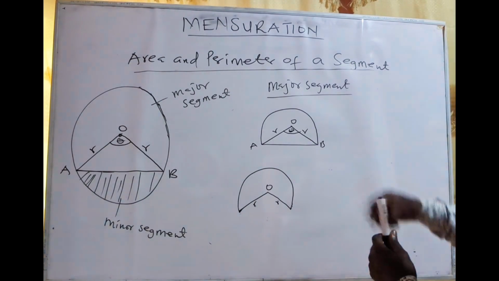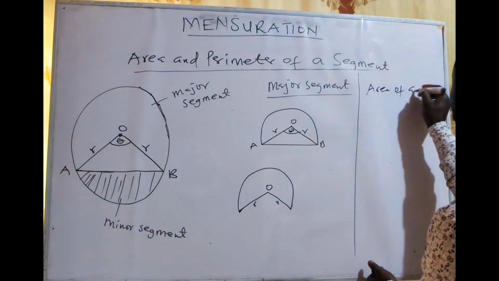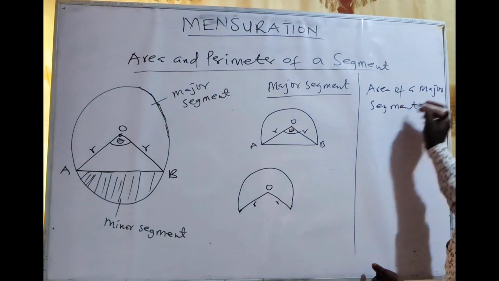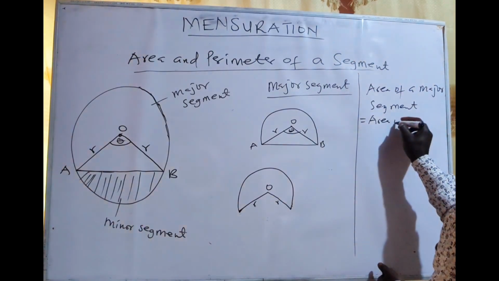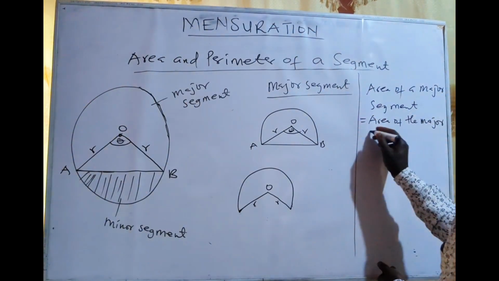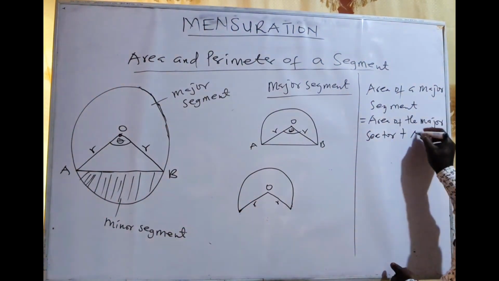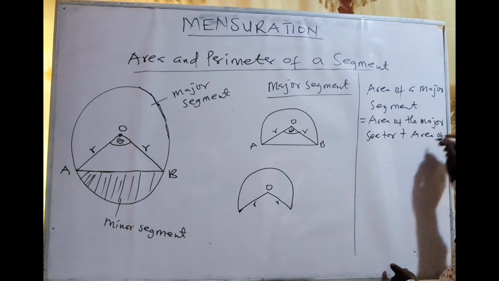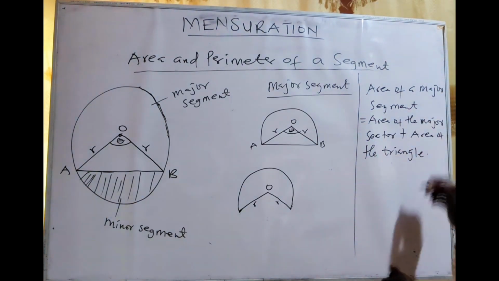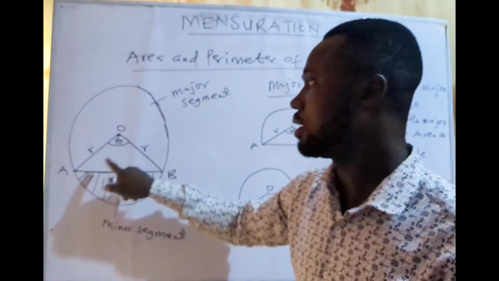So the area of a major segment is the area of the major sector plus the area of the triangle, because in the major segment we can see the major sector and then the triangle.